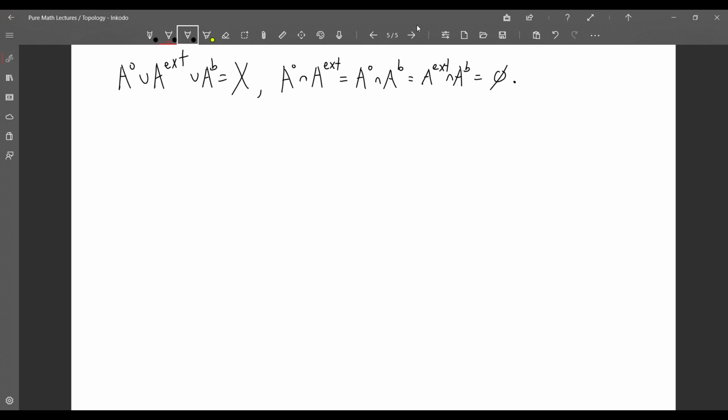So every element of X has to be in one of these three sets, but it can't be in more than one. So every element of X is in exactly one of these three sets. So this forms a partition of X.